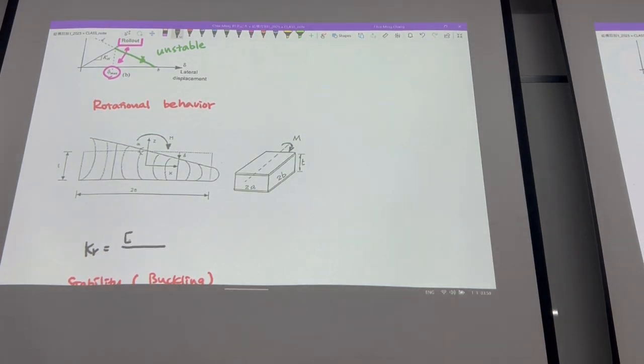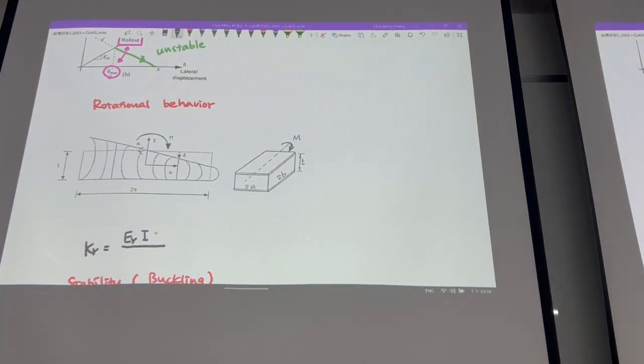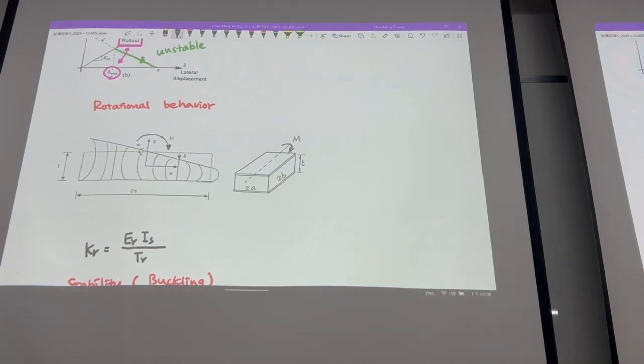So you use the rotational modulus IS divided by TR. Okay. Then this S is coming from the steel shim plates. Okay.